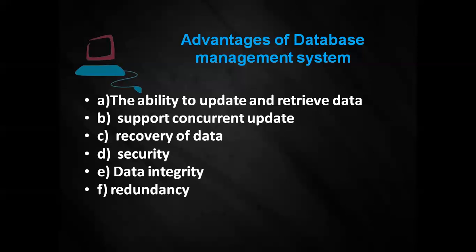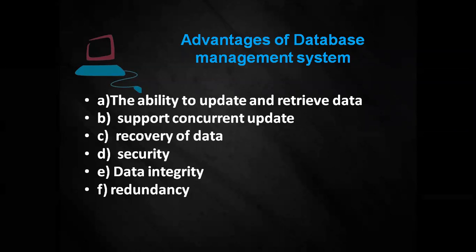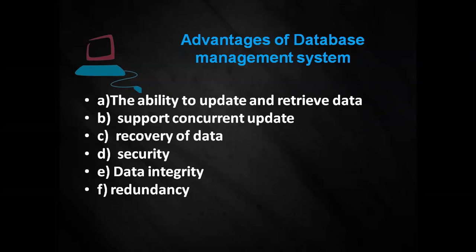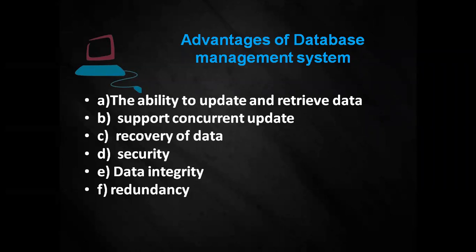The next is data redundancy. So many times when we are entering the details, they get changed multiple times. So once the current change has taken place, the rest of the details are automatically removed. Suppose for one particular student I have added his name, then his fees, then his marks.